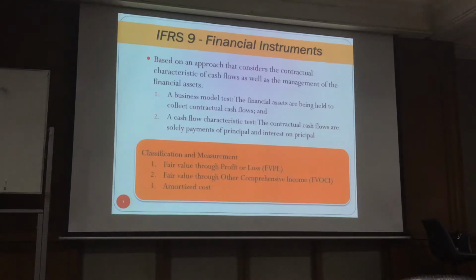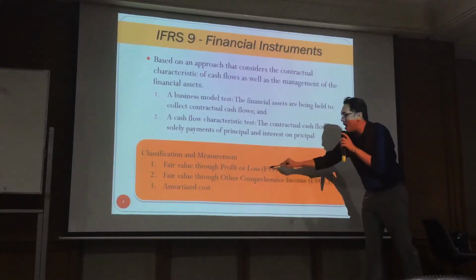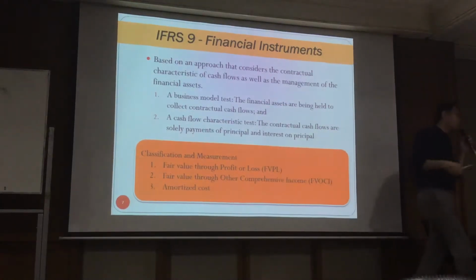When they fail the second test, what happens? Time to think about whether we should treat them as FVPL or FVOCI. Actually, in the term, you should put T on here too. T, fair value to PL. I just made a typo.